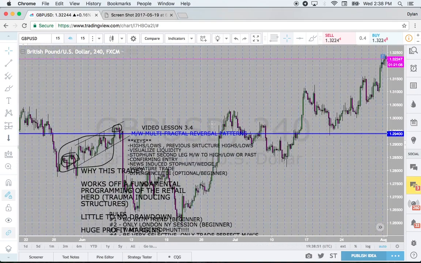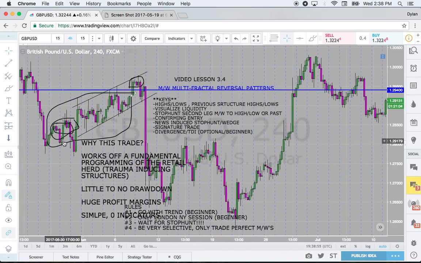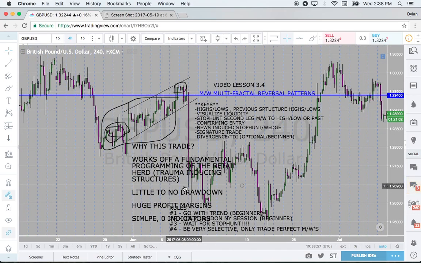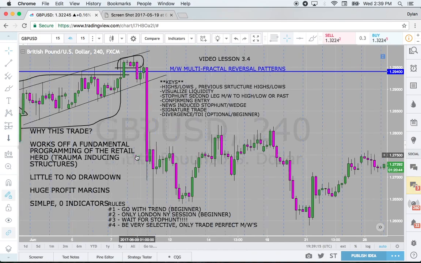continuing their move upwards. So you can see there's that massive move, that massive spike down to get the buyers very emotional, in an emotional trauma state.